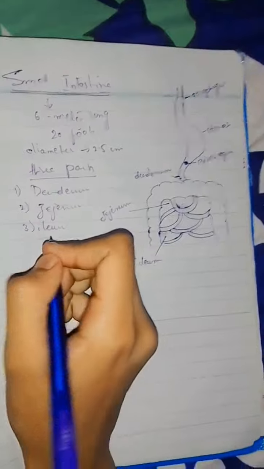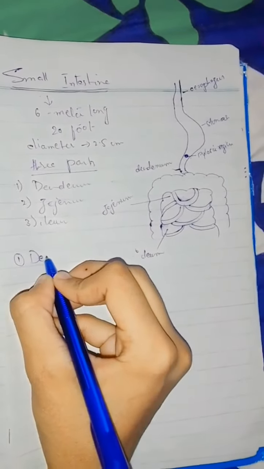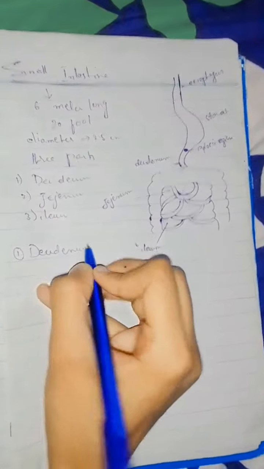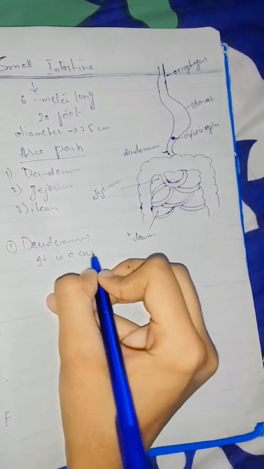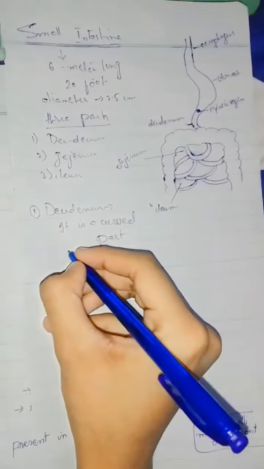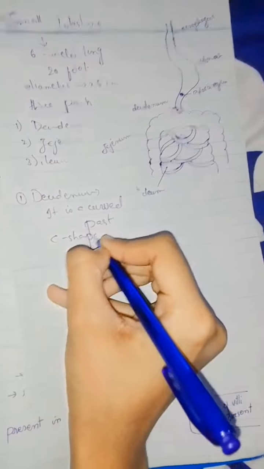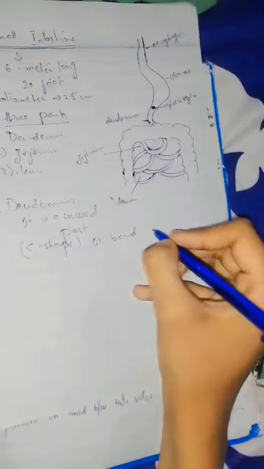Let us talk about these in detail, starting with the duodenum. The duodenum is a curved part. How is it curved? It has a C shape, or a bent part.